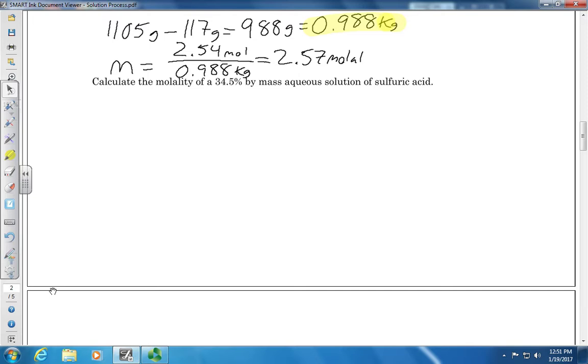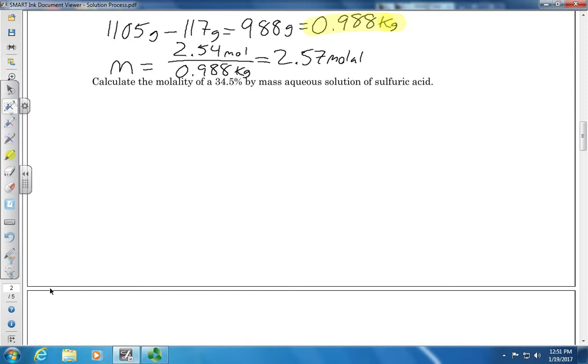Again, we're relating two units together, so this is going to be a slightly complicated, but not very, problem. So we're going to start by saying we need to figure out what that 34.5% means.